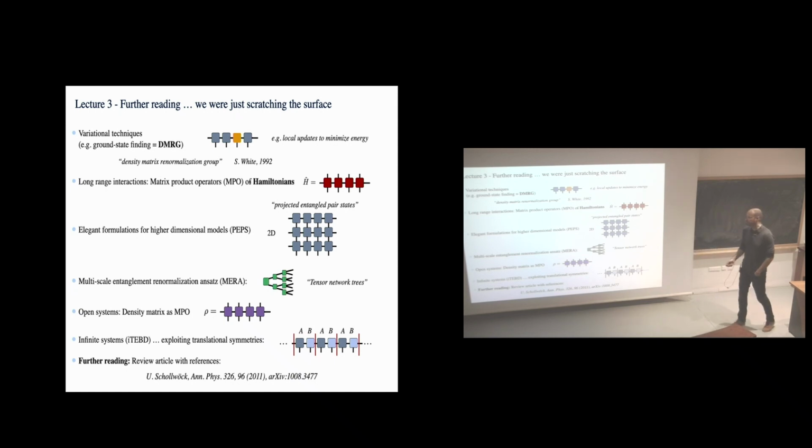So in this diagrammatic language, the Hamiltonian would now look something like this: I have these horizontal indices that tell me how much correlation the Hamiltonian induces between sites, and then I have these vertical indices. Then I can have algorithms where I variationally do a time evolution with this Hamiltonian when I apply it to that state. And that's one very common way. One can also produce approximations to matrix product evolution operators and all types of this.